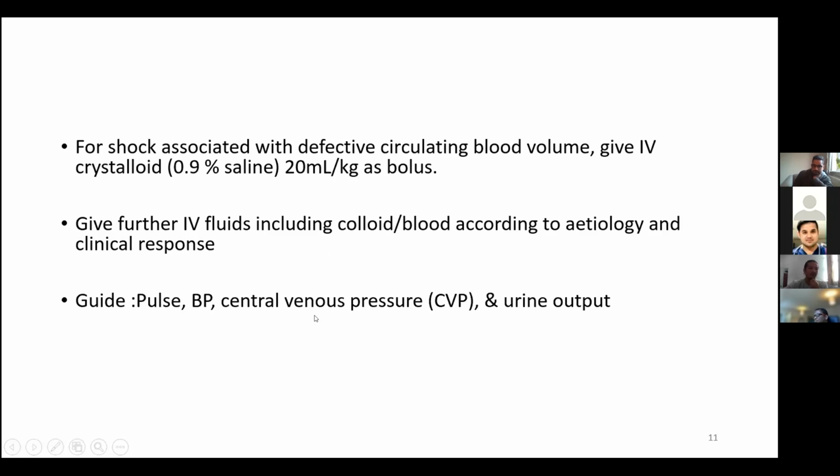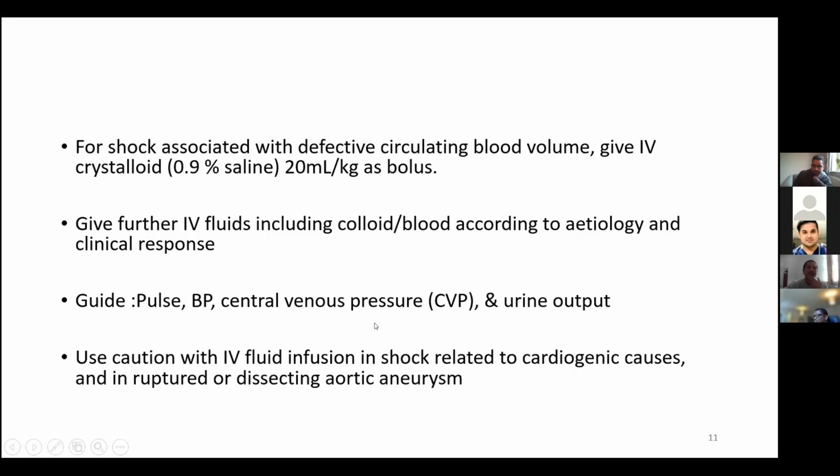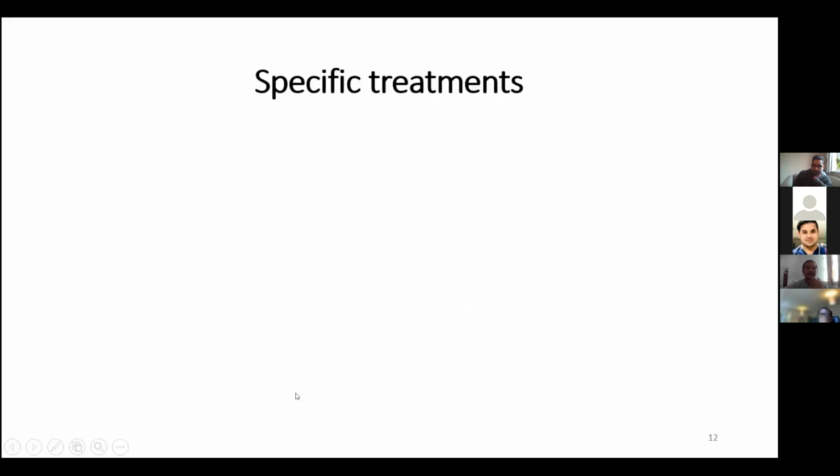We have to be guided by pulse, BP, central venous pressure and urine output. We keep monitoring these, and they should guide the treatment and management of the shock. We have to use caution with IV fluid in cases of ruptured aortic dissection. We should not over give fluid to the patient.